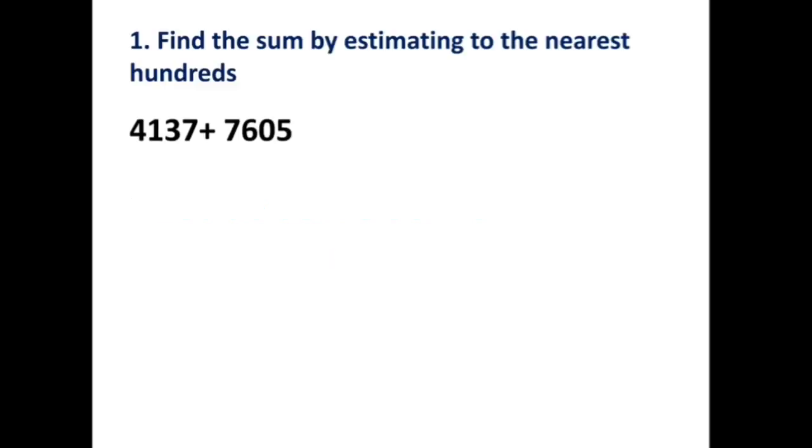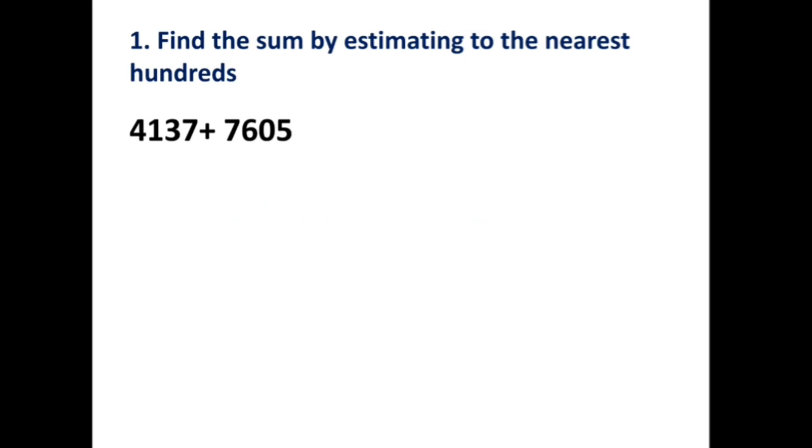We check the previous place value, and if it is less than 5, then the estimated place will be the same, other place values will become 0. If it is greater than or equal to 5, then the estimation place will be added by 1, the other places will become 0.